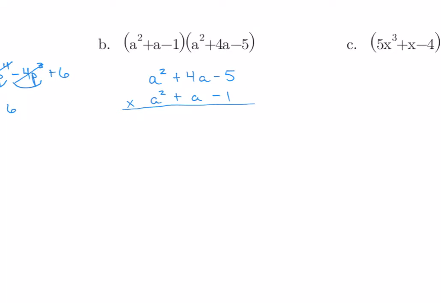So we get -1 times -5 is +5. We get -1 times 4a is -4a. And we get -1 times a squared is -a squared.